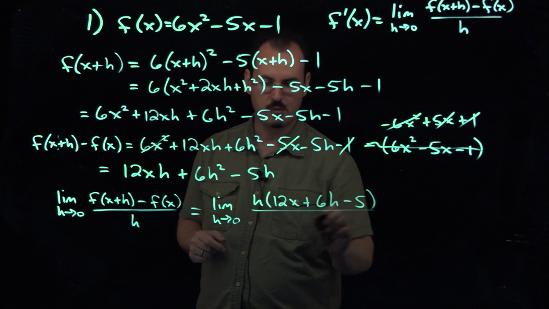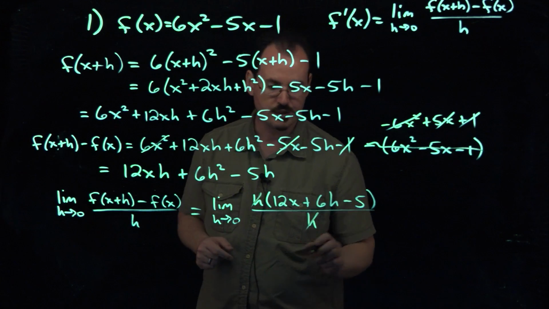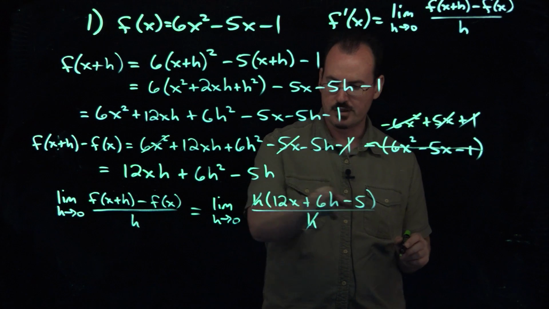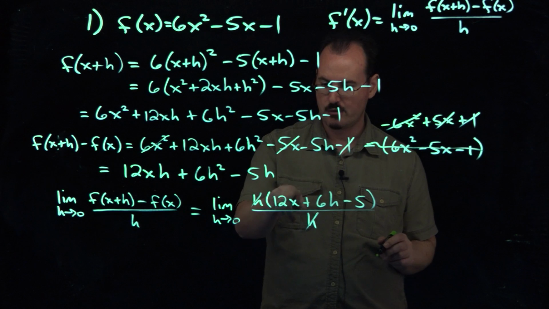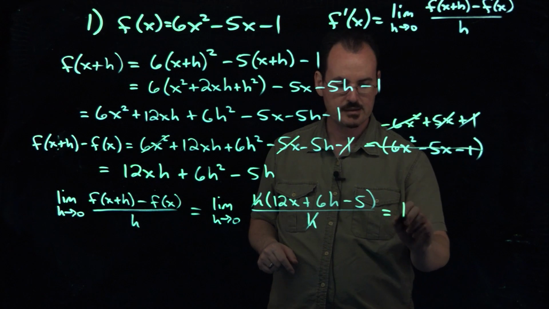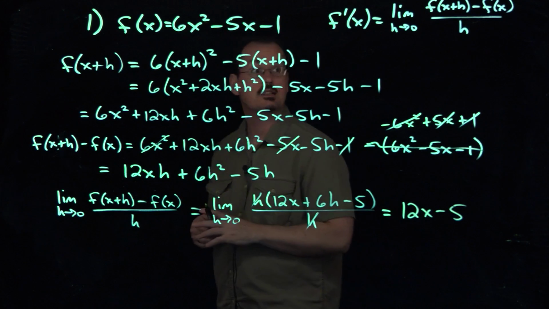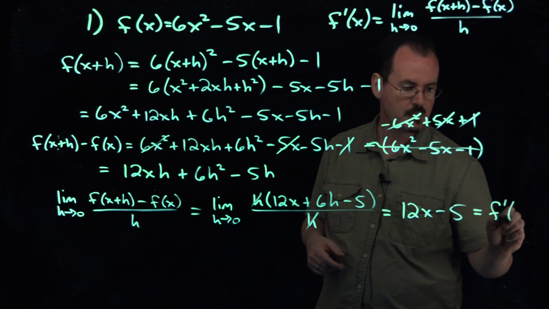And then we divide by the h that's there. The reason for factoring it out is that those are going to cancel. Finally, we can now take the limit with what's left over. If I plug the 0 in for the h there, what's left? I'm going to be left with 12x minus 5. So that's the derivative. That's f prime of x.